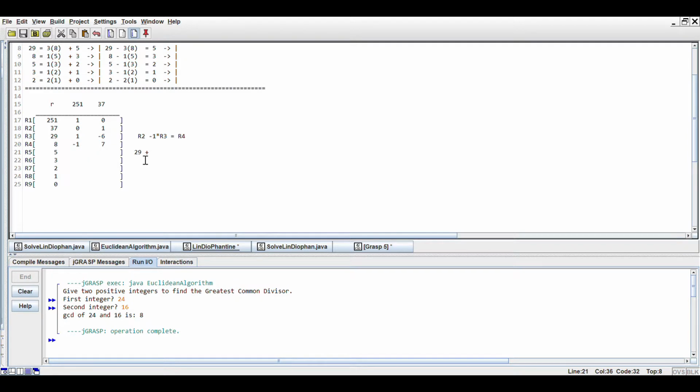For the next one, we have to ask the question, 29 plus what times 8 equals 5? And we can see that that would be -3. And so then the computer takes that coefficient and uses it to find the next row of coefficients for 251 and 37. And it continues doing this all the way down to the bottom of the matrix.